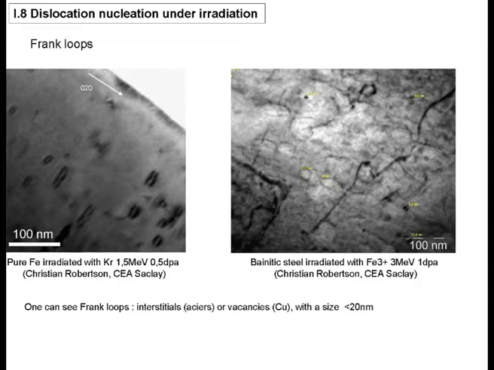Since you did a cascade, you should have interstitials somewhere and vacancies somewhere else, and the total amount should be more or less constant with the flux, of course. But when they merge, when they aggregate to create the loop, there are more vacancies or interstitials, and it's not the same for all materials. There are some papers which deal with that, but it's not clear today, in my opinion.